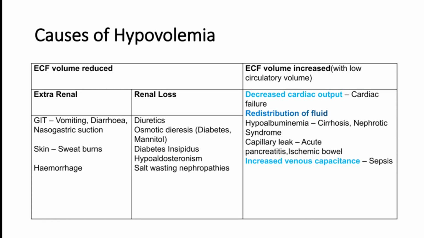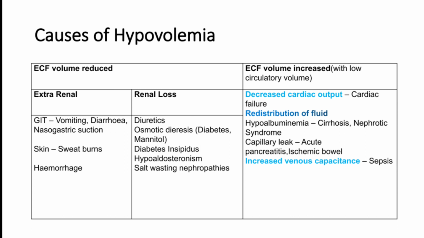We can see now the causes of hypovolemia. Extracellular volume is reduced. There are two types of extracellular volume reduced conditions: extrarenal and renal loss. Extrarenal is GIT conditions like vomiting, diarrhea, nasogastric continuous suction in ICU. Skin conditions like increased sweat, heat trauma, and burns. Both conditions you can lose fluid from the skin.